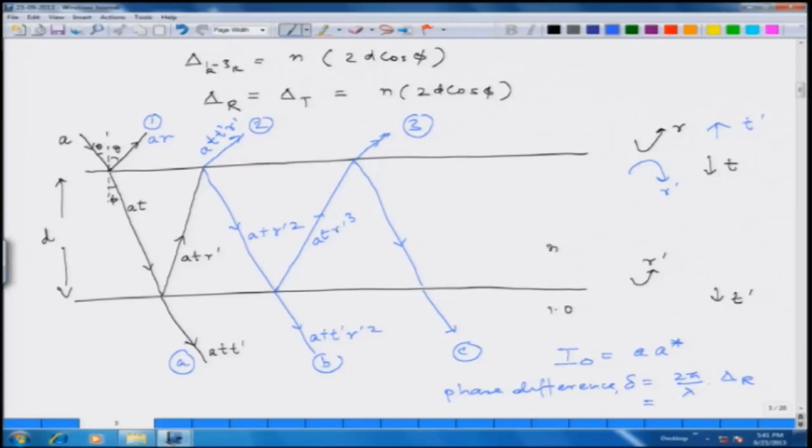So, phase difference is effectively 4 pi n d cos phi over lambda. So, we will keep this picture in mind and develop what the total reflected and transmitted ray is going to look like.